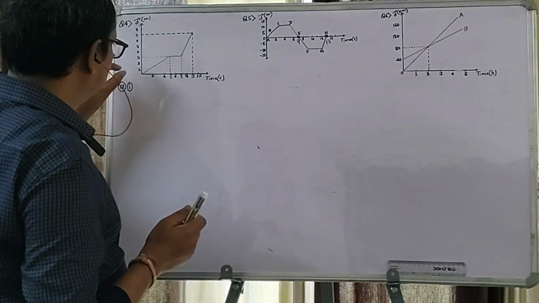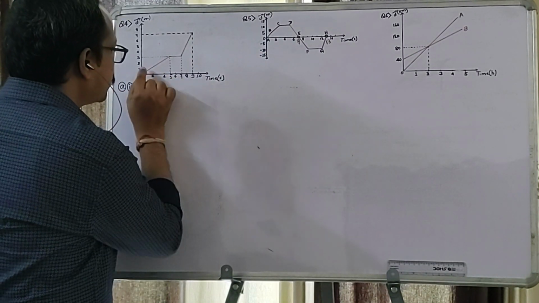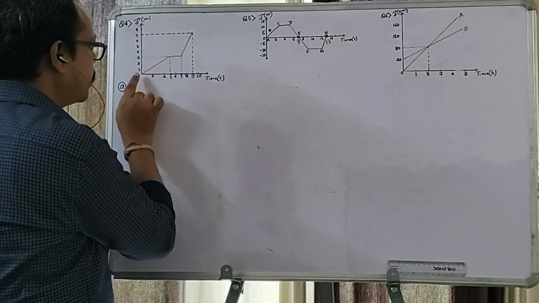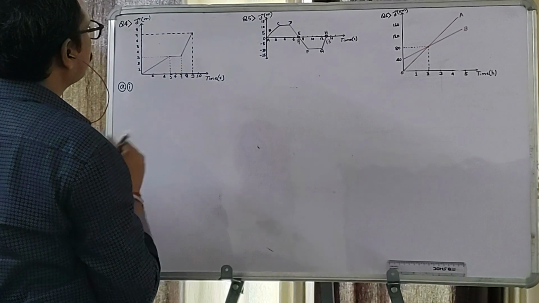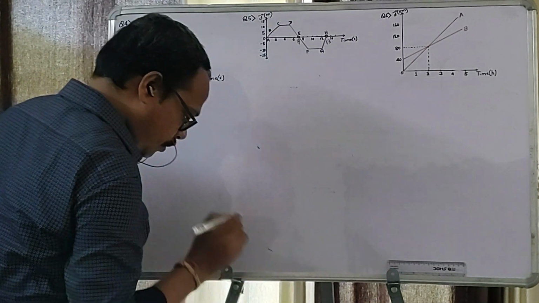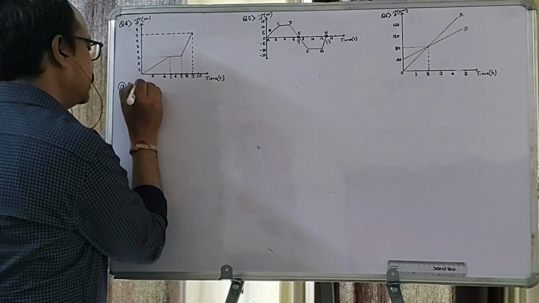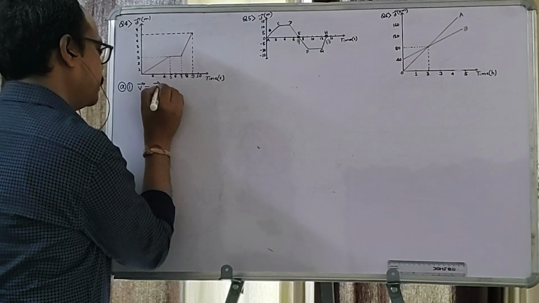Can we comment? From 0 to 5 seconds, if you see, right, the slope is constant, so body is traveling with uniform velocity, right? So velocity is displacement upon time.